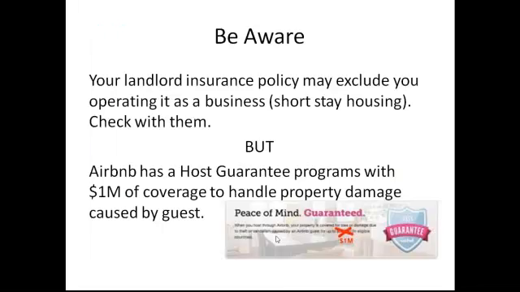Now, word of caution: your own landlord policy, your insurance policy, has things in it about operating a business. The landlord policy is for long-term tenancy, so for dwelling. So you want to read that carefully and look for the loopholes. Now, Airbnb offers $1 million of coverage for property damage to address this issue.